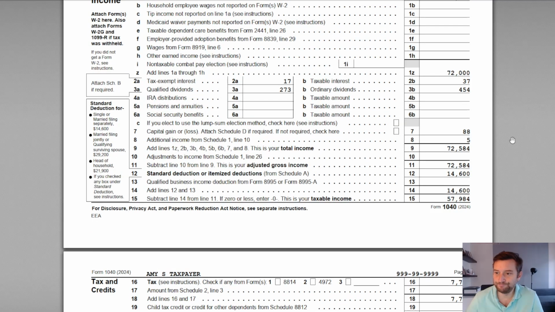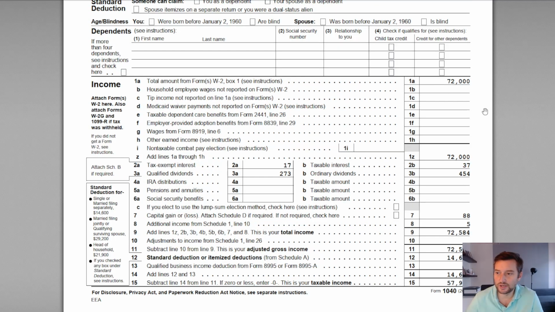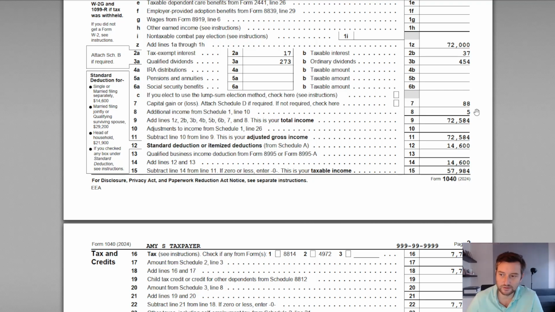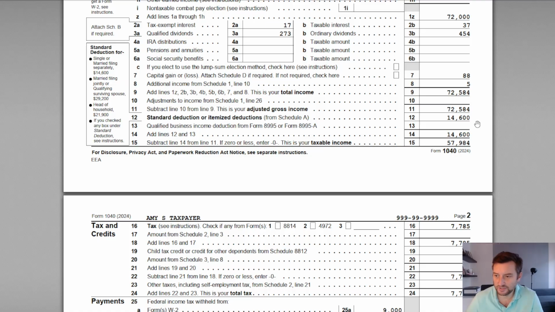So all in all, we look at Amy's return. She's got her wages. We've got the various types of portfolio income, capital gain allocation, the $5 coming through from that ordinary income or loss, line 1 of the K-1. Total income, she's claiming the standard deduction. Remember, she's not getting any benefit for the allocation of investment interest expense, no benefit from the charitable contribution.